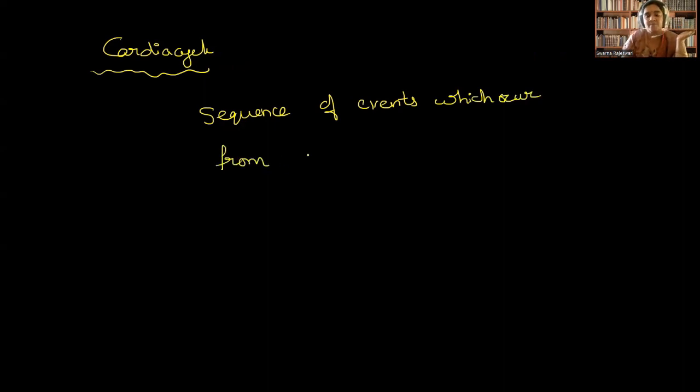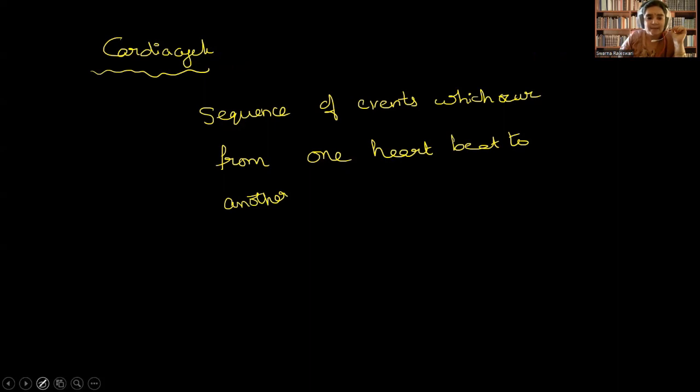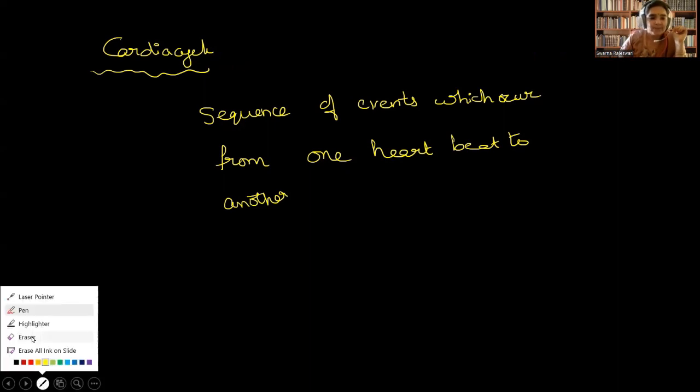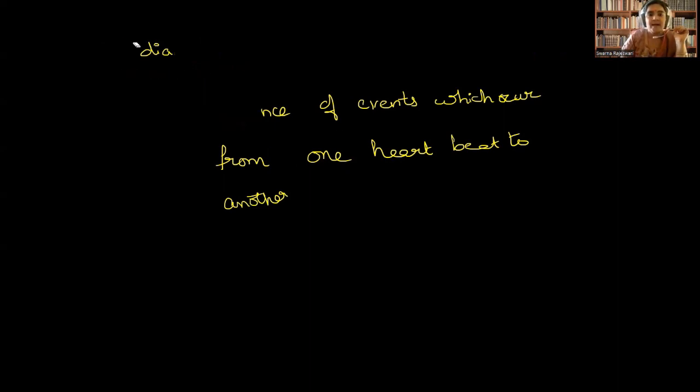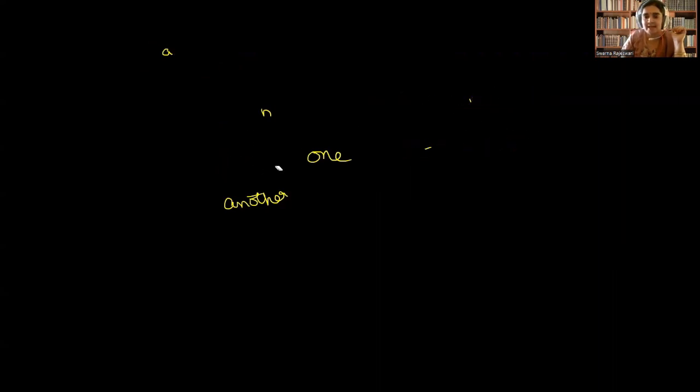It means how the blood is flowing in the different chambers of the heart. So now, to explain this cardiac cycle, again I will draw the diagram.